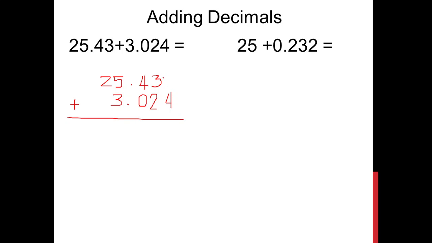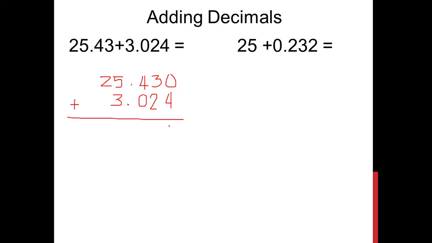We'll just add 0 here so that there's a number aligned to this one. Adding zeros will not change the value of this number. It will still be the same.